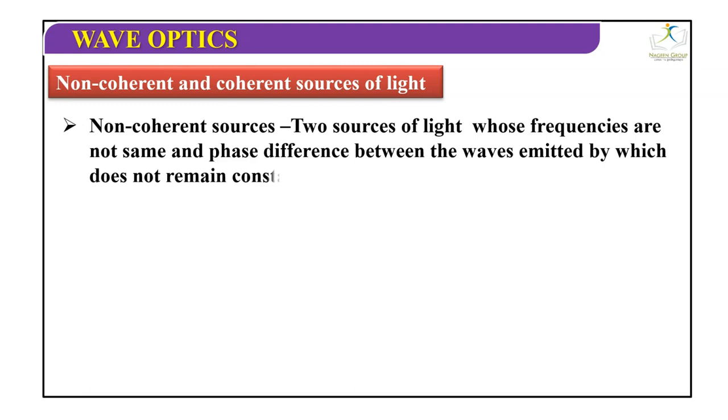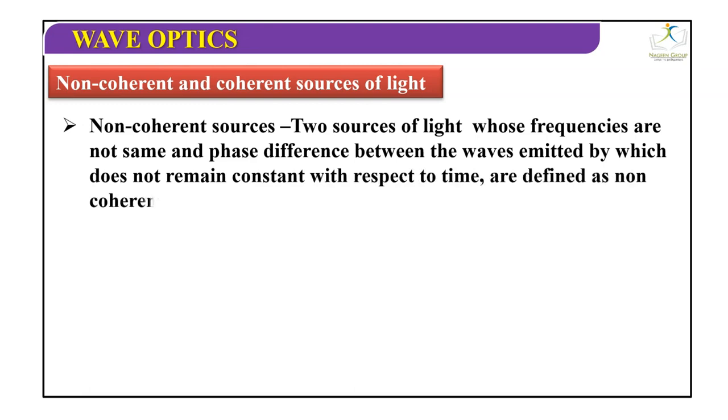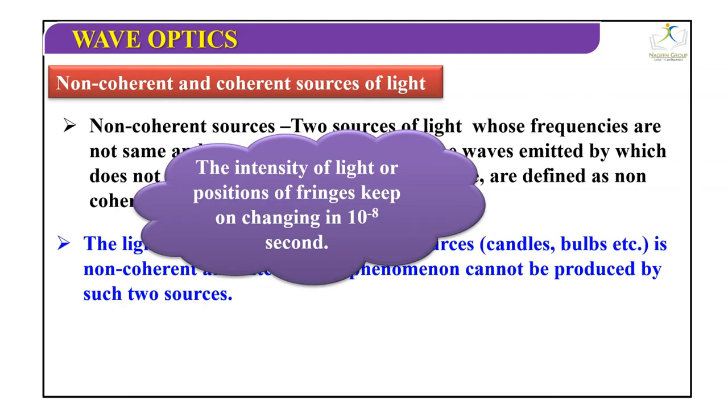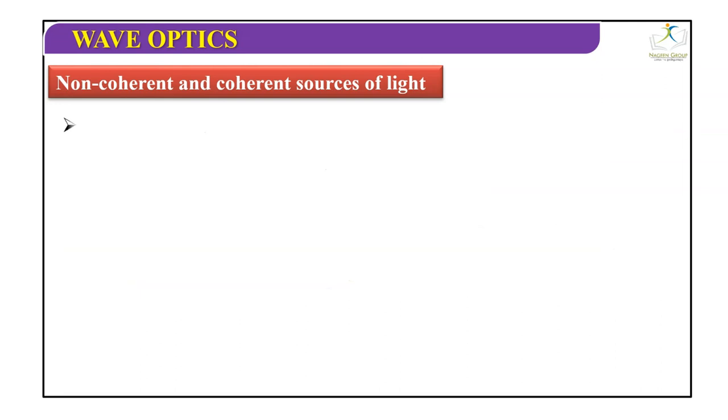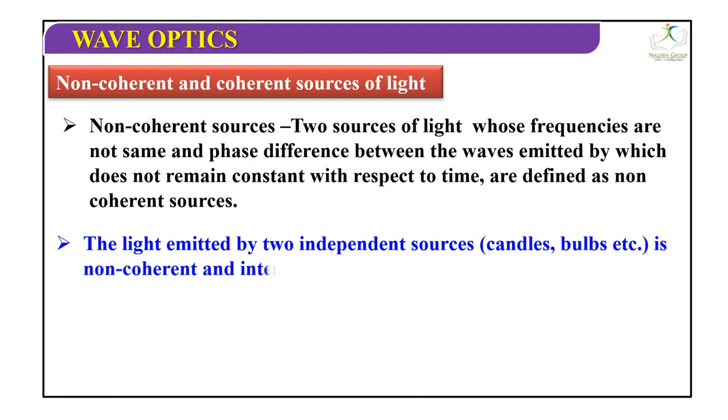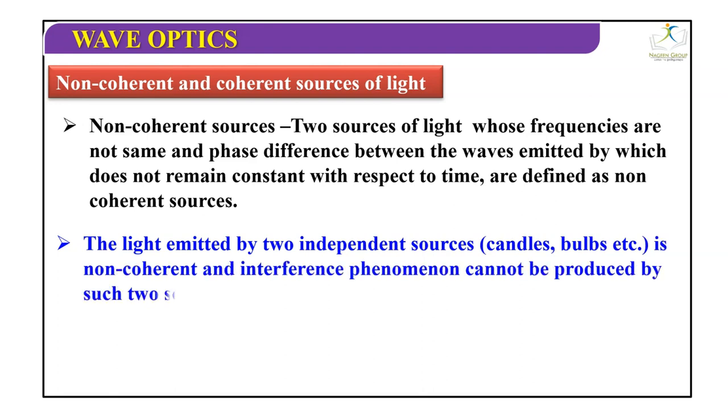Non-coherent sources are two sources of light whose frequencies are not the same and the phase difference between the waves emitted by them does not remain constant with respect to time. Sources for which it remains constant are defined as coherent sources.